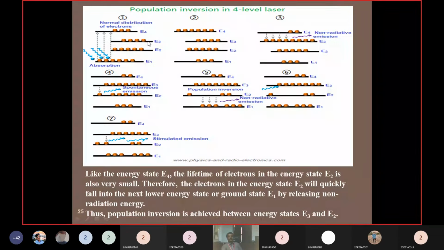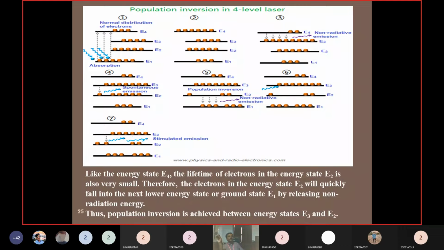Here population inversion takes place between the E3 and E2 levels. The E3 lifetime is very much greater than the other excited state lifetimes. That's why the E3 level acts as a metastable state according to our definition. What is the definition of a metastable state?